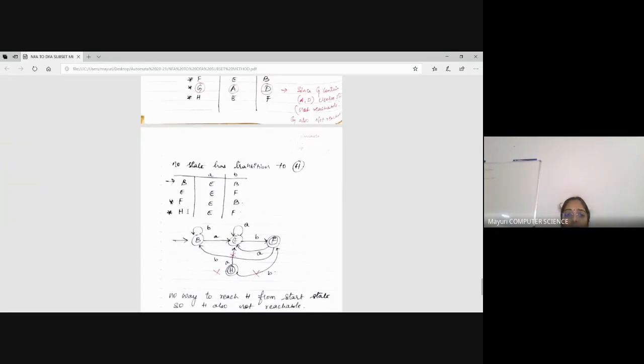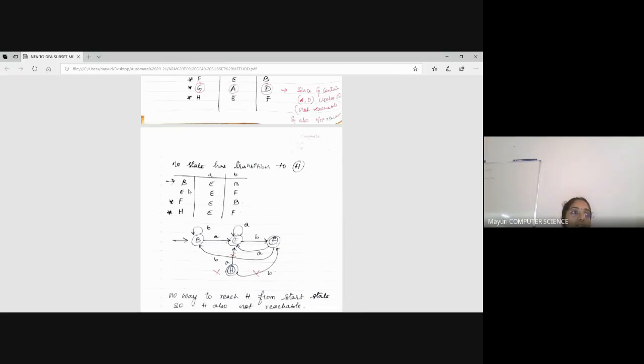One thing you have to see here, that is called H. Do your B, E, F anywhere going to H? Do you have any reachability to H from B? See, a state is a proper state in a DFA only when you can reach that state from the start state through any means. Once again, I'm repeating, please listen.